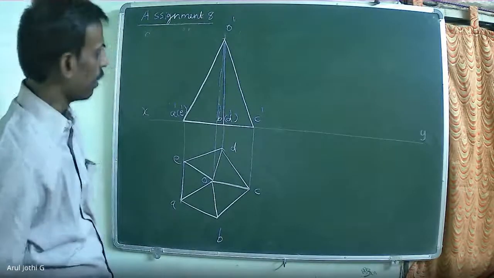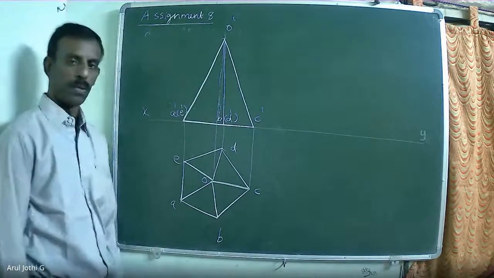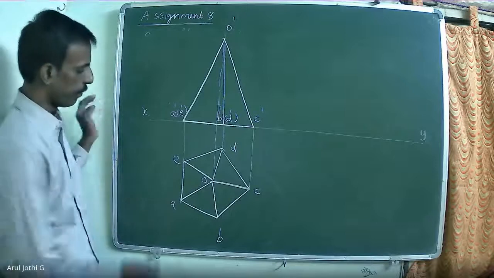Now, how to make the slant face perpendicular to both HP and VP?